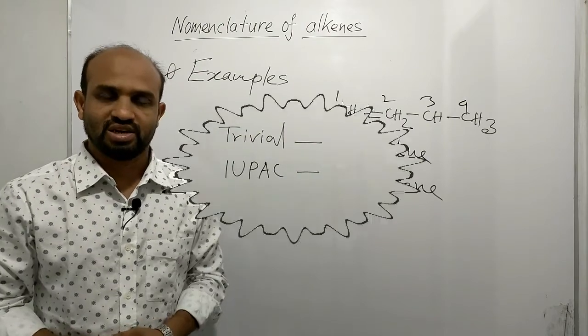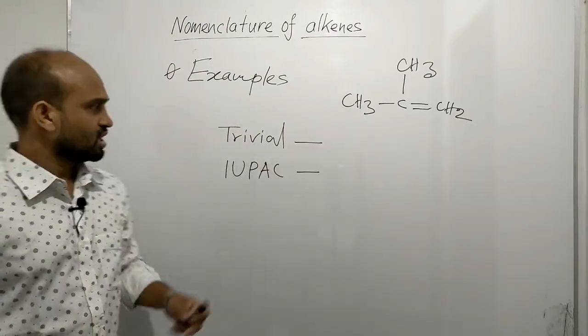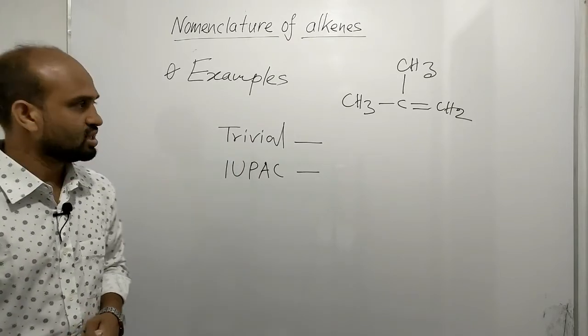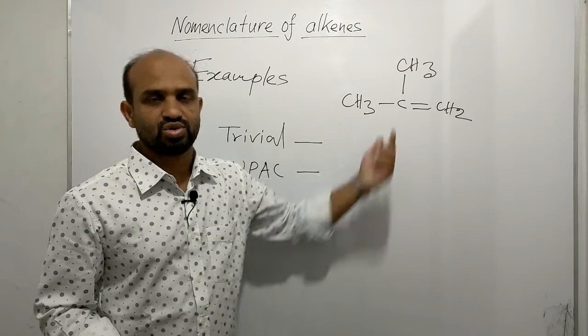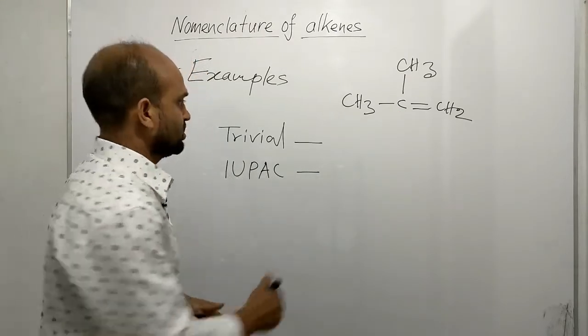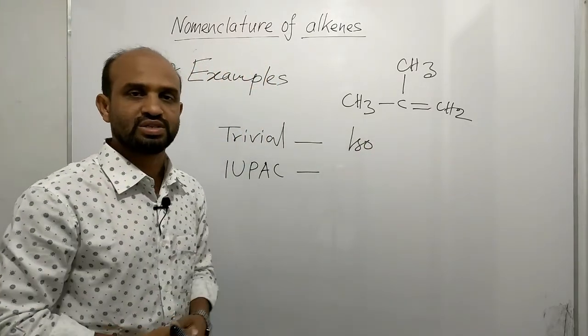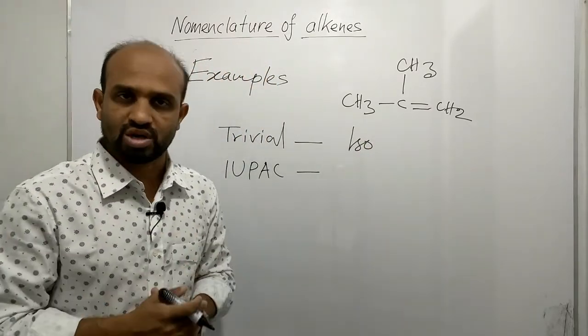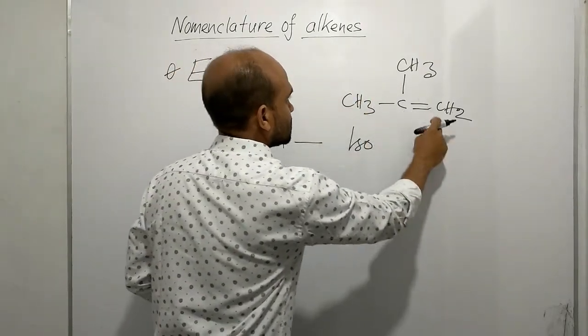Let's see another example. The compound is now this. Here, according to trivial system, we see second carbon carries 1 methyl group, so iso will come. First of all, iso will come, and in trivial system we know all the carbon atoms are counted. So here how many carbon atoms total? 1, 2, 3, 4.